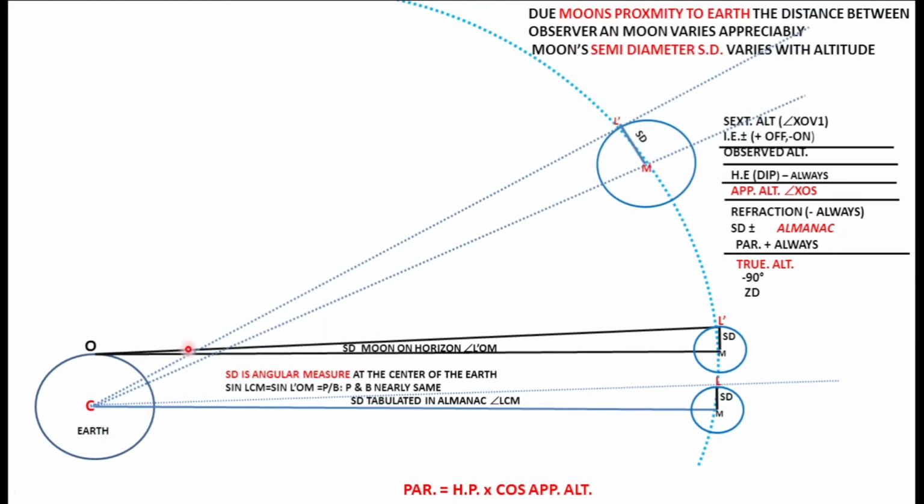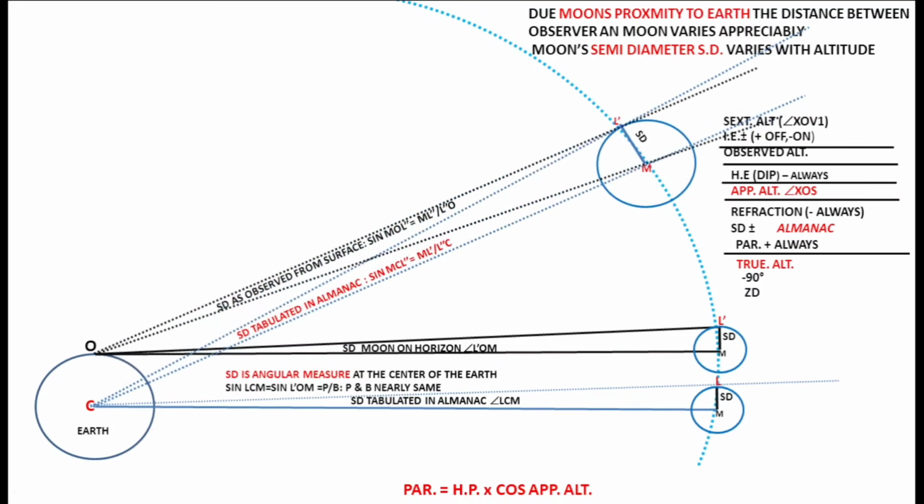Now this is the angle what is tabulated in the almanac, which is your sine of the angle here, M, C, L dash, which is equal to perpendicular by hypotenuse here. And this is what we observe when we are at the surface of the Earth.